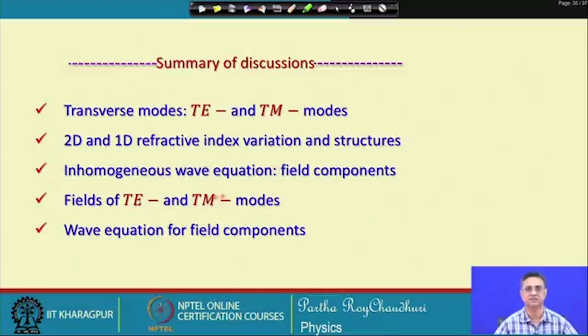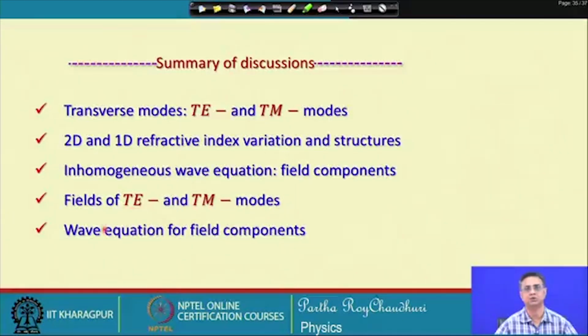But in this discussion, to just begin with, we have talked about the TE and TM modes and how they are related to the TE and TM polarized waves, 2 dimensional and 1 dimensional refractive index variation of the structures involved, and some examples also in homogeneous wave equation, and then the field components related to that, the fields of TE and TM modes.